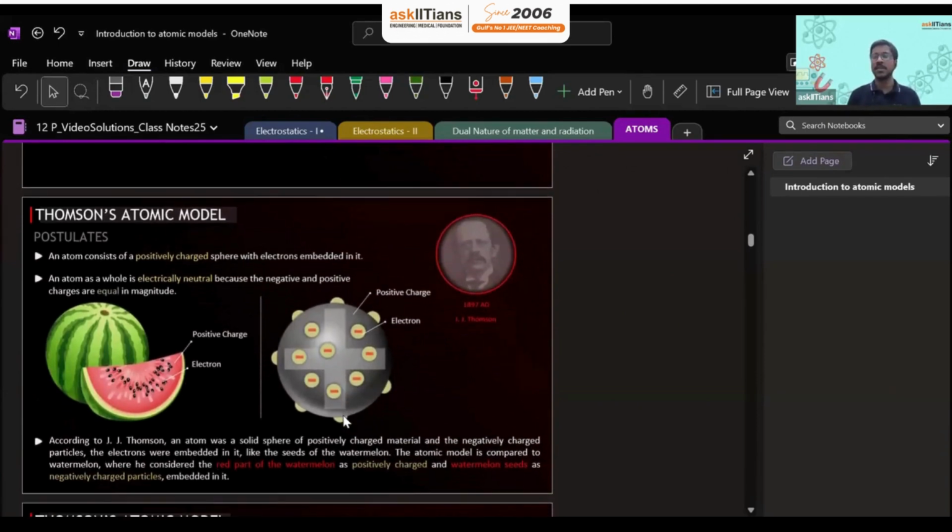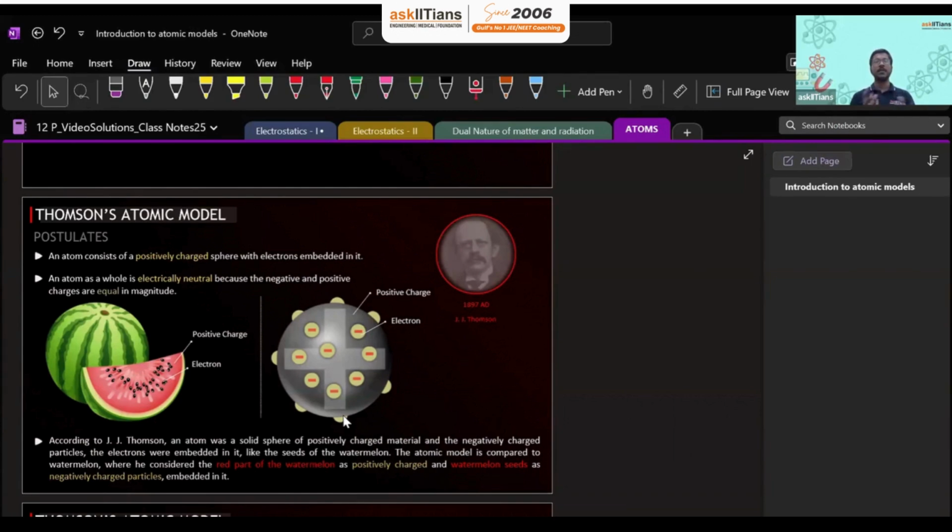Now comes Thomson's atomic model. An atom consists of a positively charged sphere with electrons embedded in it. You can see the picture of this watermelon over here. Thomson's atomic model was compared to a watermelon. In a watermelon, there is a red part and a black part, which is the seeds.